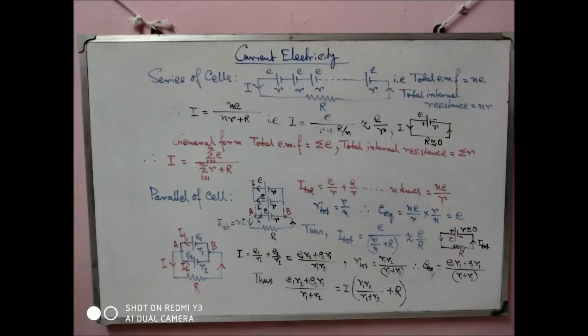Now what is the equivalent EMF? Very easy, again Ohm's law: I total into R total, meaning small r, the total internal resistance.